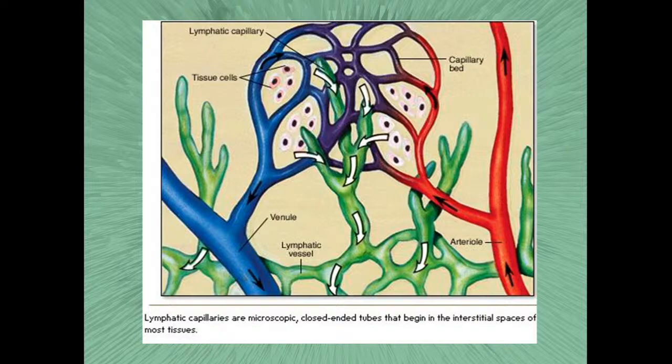In between the endothelial cells, some gaps, some spaces are present, and these spaces permit the exit of the liquid part of blood into the intercellular space or interstitial space, and in this way the exchange occurs. Then this liquid part of blood or interstitial fluid will return back to the venous portion of the microcirculatory bed.